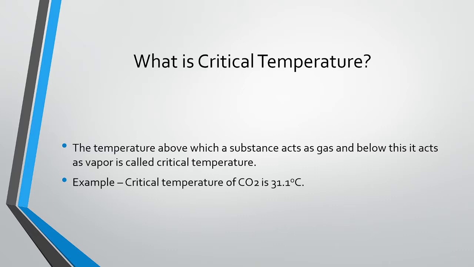And if the temperature is, what can we say, 30.8, that is below the critical point, then the carbon dioxide will act in vapor form. So what are the main identical properties of gas and vapor? We'll talk about this one.